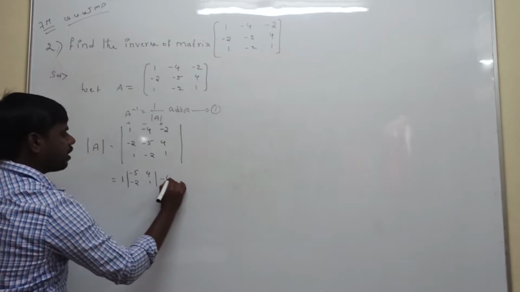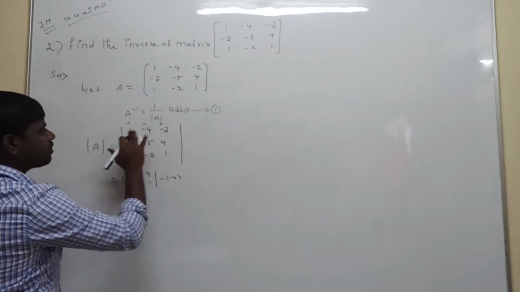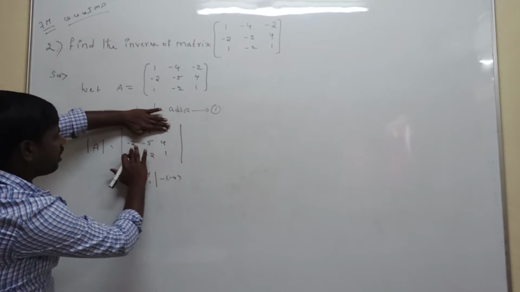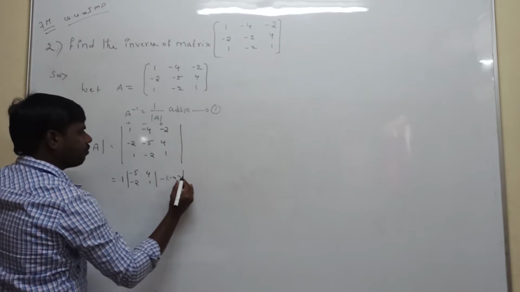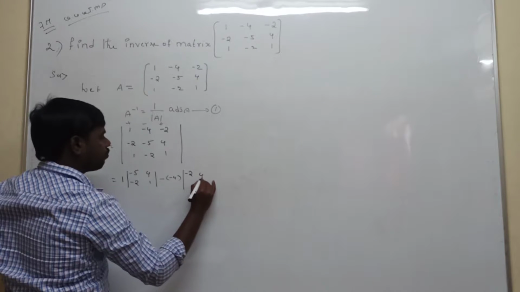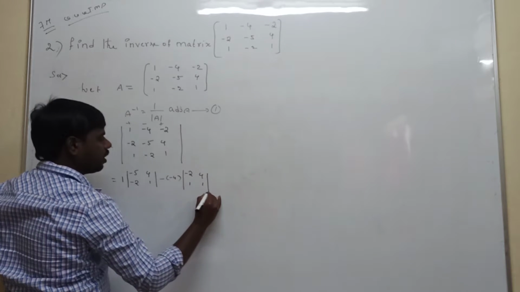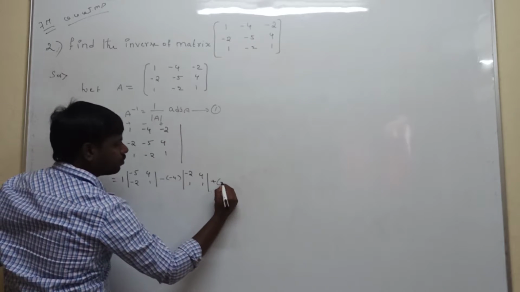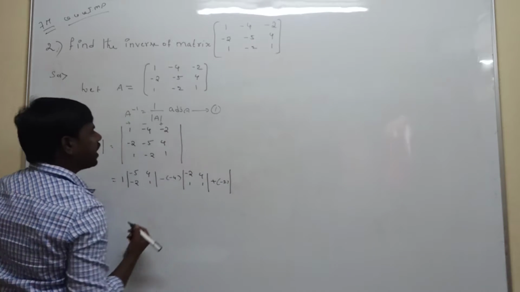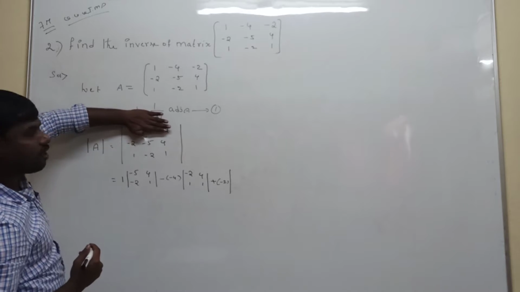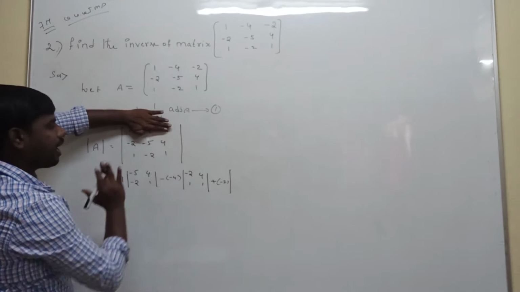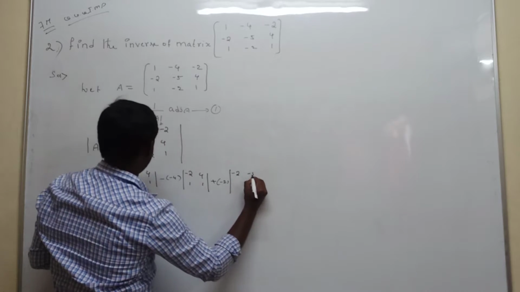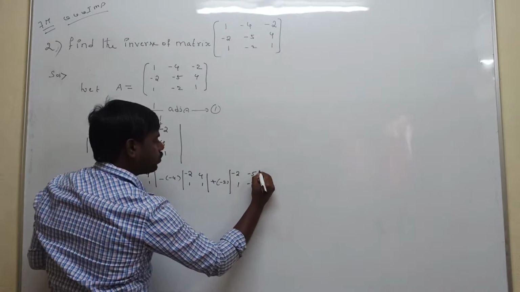Second element is minus 4, present in the first row, second column, eliminated. Left is the determinant of minus 2, 4, 1. Next, the third symbol is plus. Element is minus 2, in the first row, third column, eliminated. Left is the determinant of minus 2, minus 5, 1, minus 2.